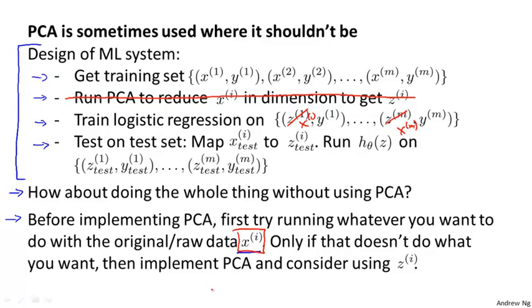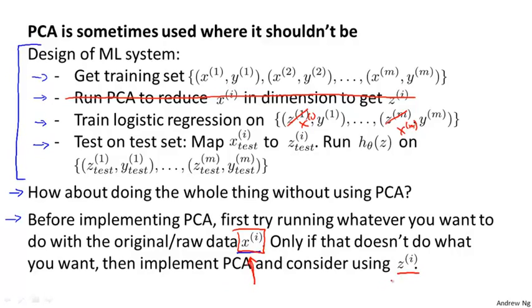And only if you have a reason to believe that doesn't work. So only if your learning algorithm ends up running too slowly, or only if the memory requirement or the disk space requirement is too large, so you want to compress your representation. But only if using the x_i doesn't work, only if you have evidence or a strong reason to believe that using the x_i won't work, then implement PCA and consider using the compressed representation.